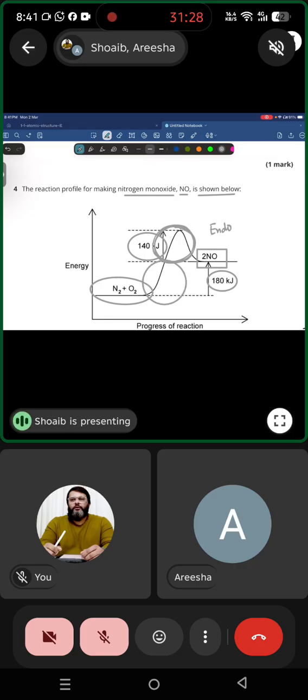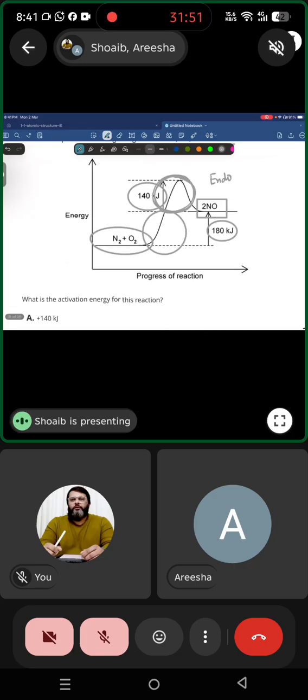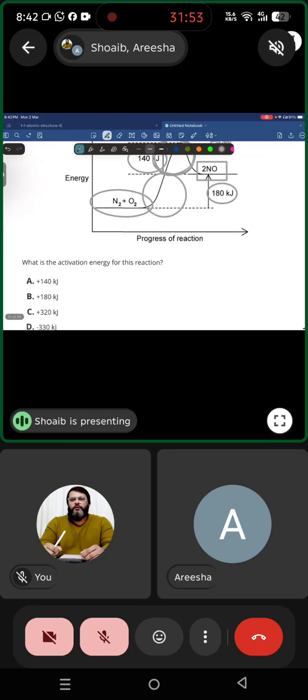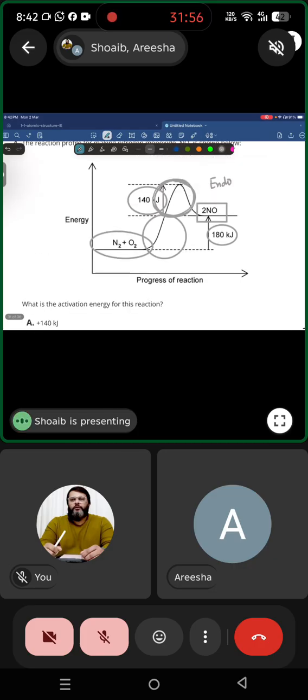in the reaction. Okay, so if we add these two values, 180 and 140, you will get the complete total activation energy. The 140 is subtracted from the activation energy. Got it? They are asking for the total activation energy. What is the activation energy for this reaction? So the total, you have to add 140 and 180.